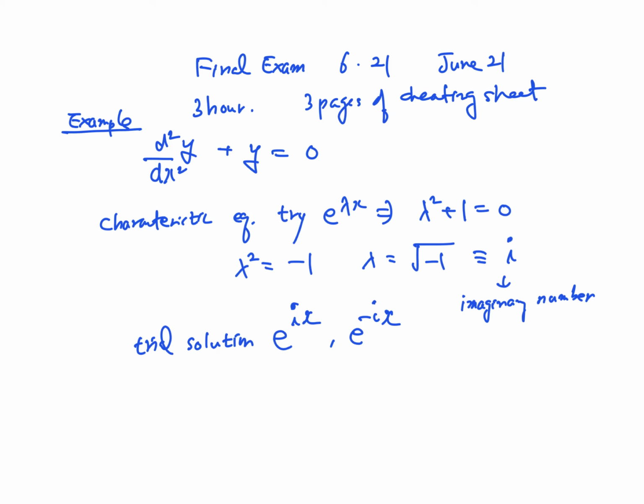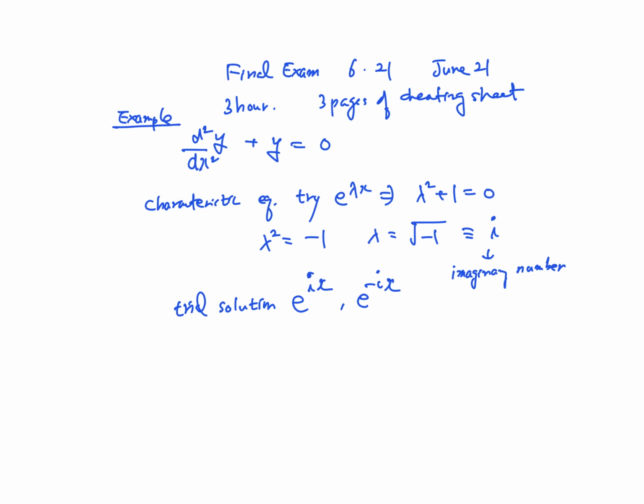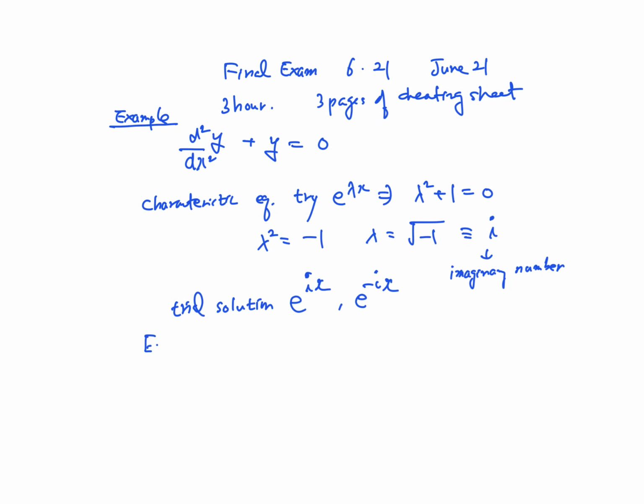There is a very interesting formula called Euler's formula: exponential ix equals cosine x plus i sine x, and exponential minus ix equals cosine x minus i sine x.